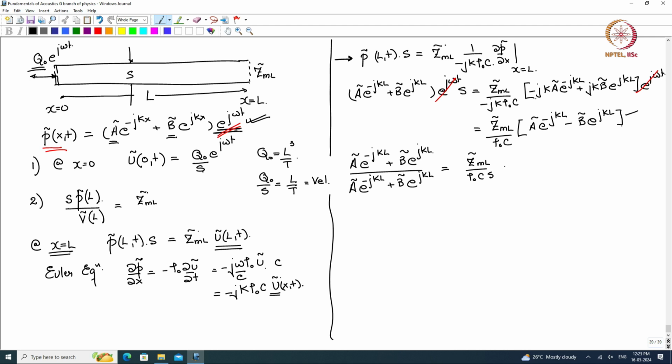Okay. So if I do numerator, something was wrong, okay, this minus.